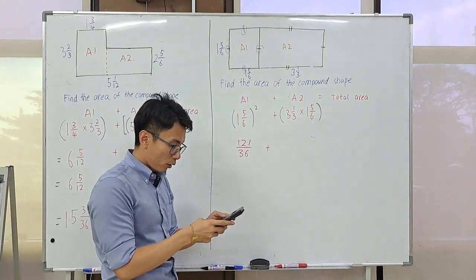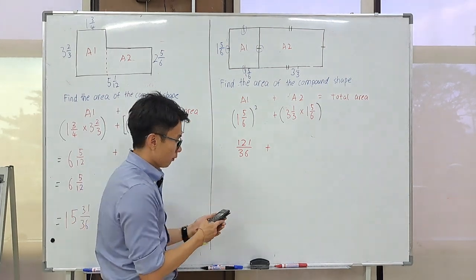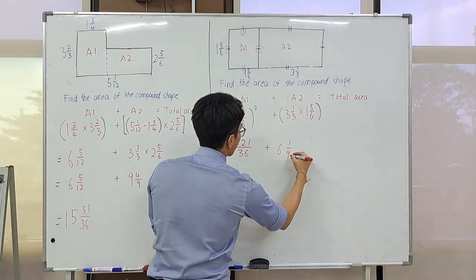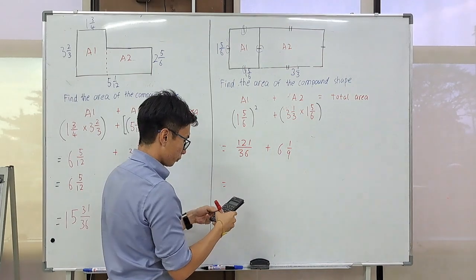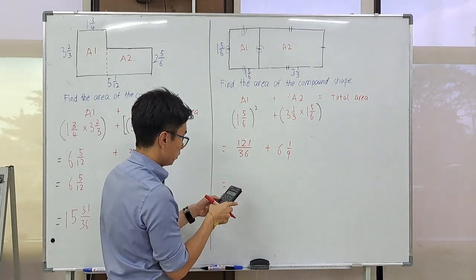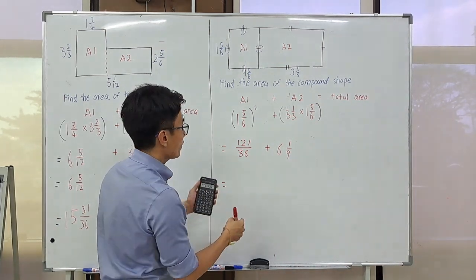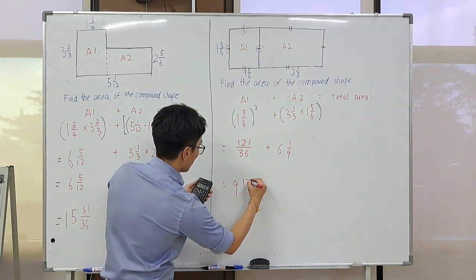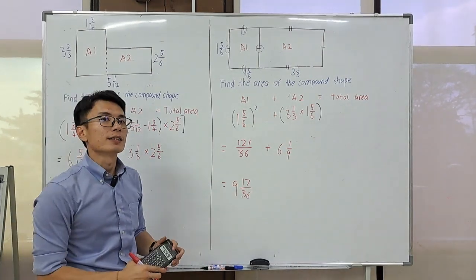Multiply 3 1/3 by 1 5/6, and I will get 55 over 9, and then I will quickly add this up. So I add up these two fractions and I will end up with this. So that's my final answer.